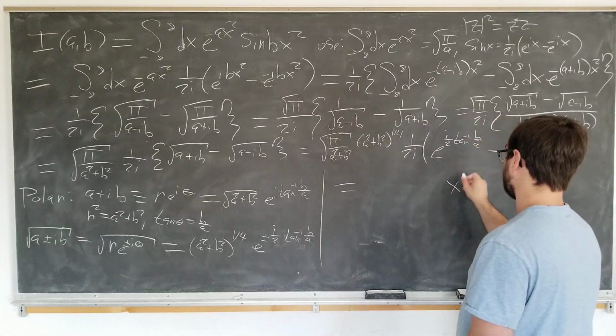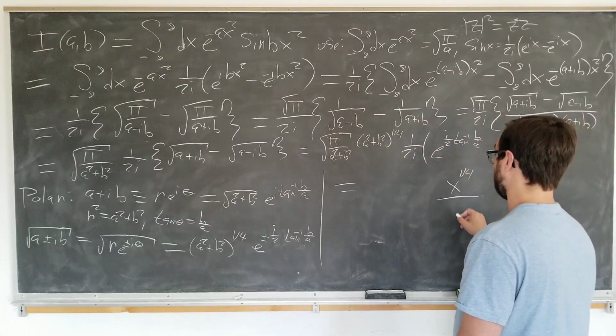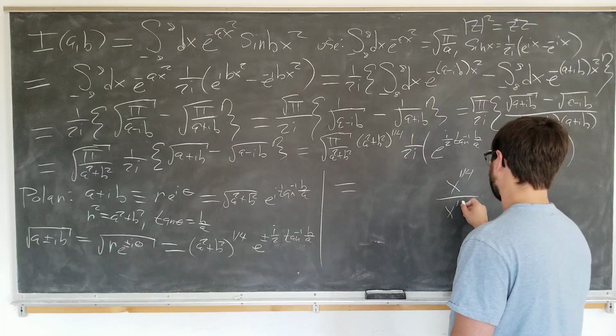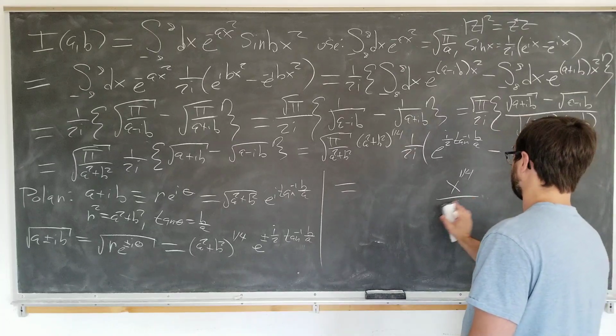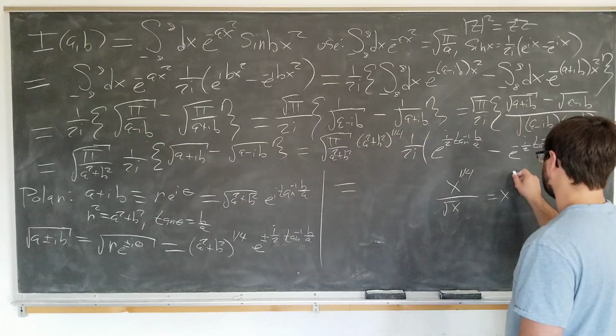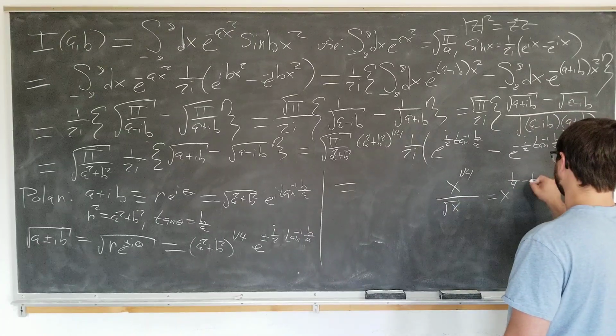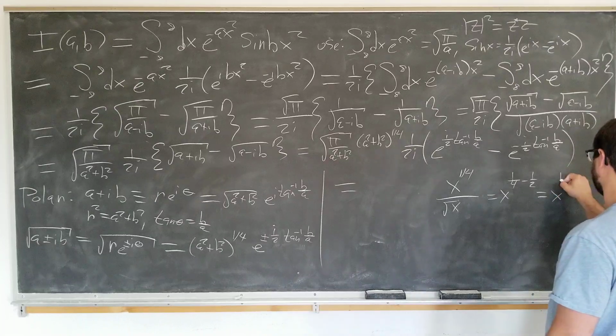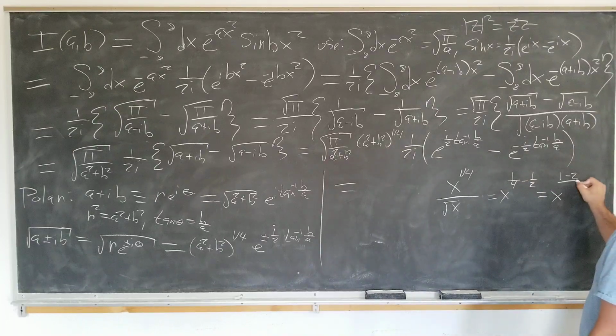We also want to simplify this. So if we have something to the 1/4 power and something to the 1/2 power, or the square root, just for clarity, then it's just something to the 1/4 minus 1/2, which is 1 minus 2 over 4. So x to the negative 1/4.